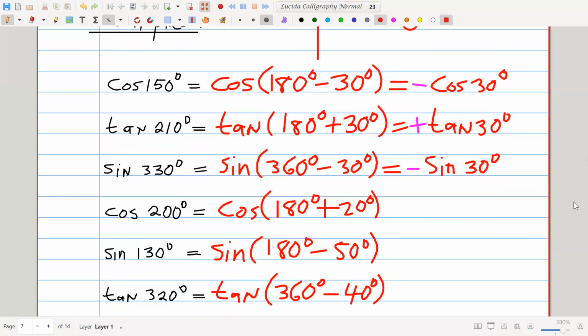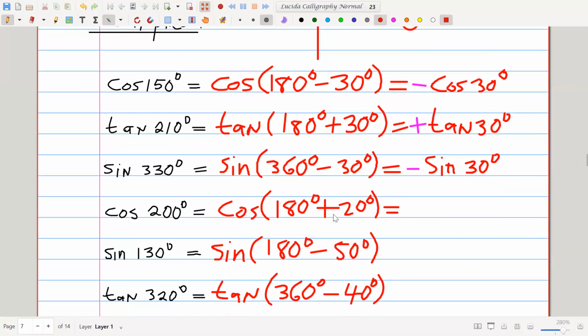Now it's very simple. It is in terms of an acute angle. We don't have angles that are greater than the big angles. So we can carry on, maybe finish these three quickly. Look at cosine. Now we're looking at cosine 180 degrees plus 20 degrees.